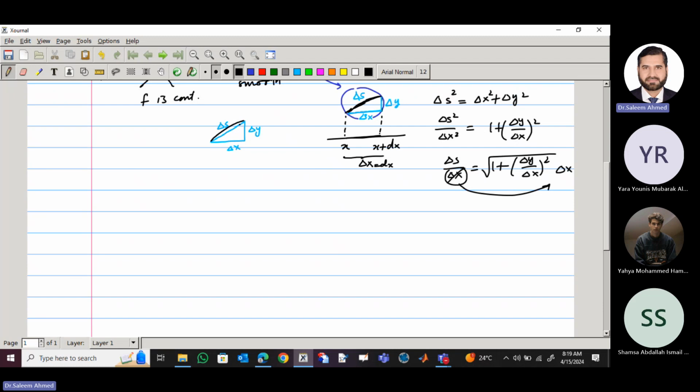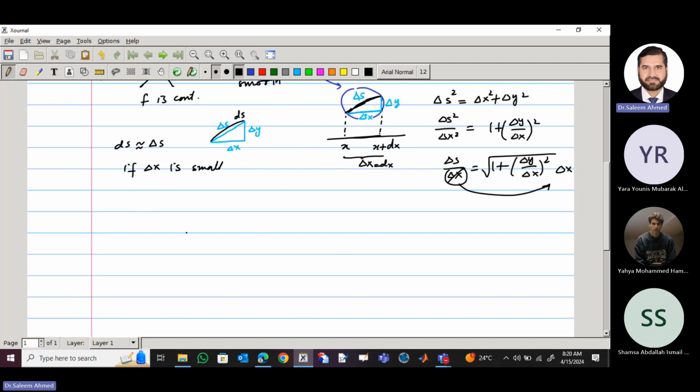This black one is the original length of the curve, but delta s is this light blue line. So ds can be approximated by delta s. They are not equal, but if delta x is very small, we can approximate this.